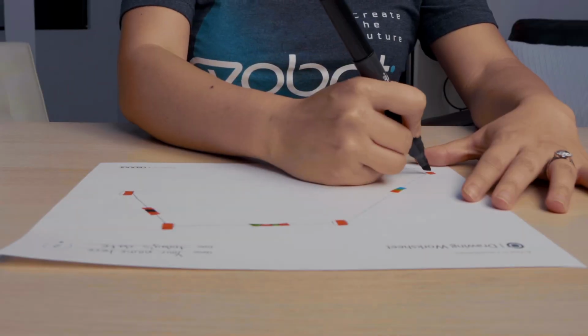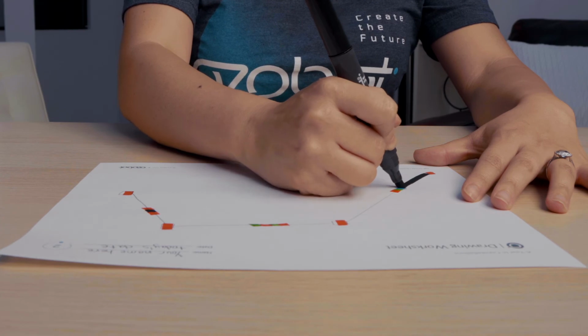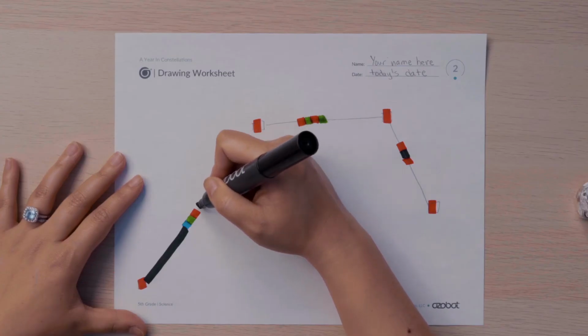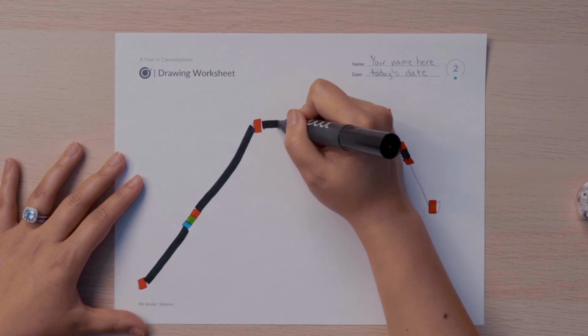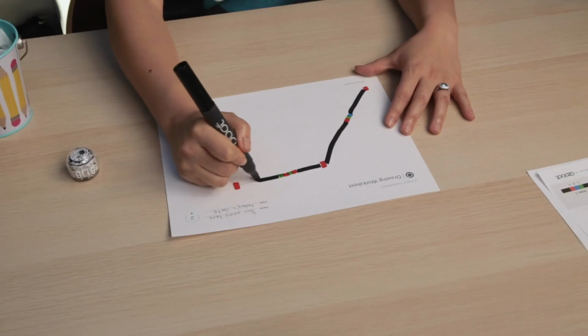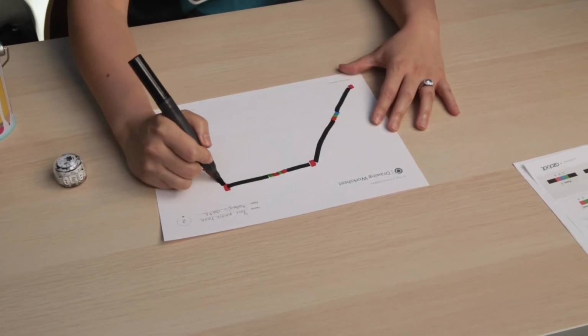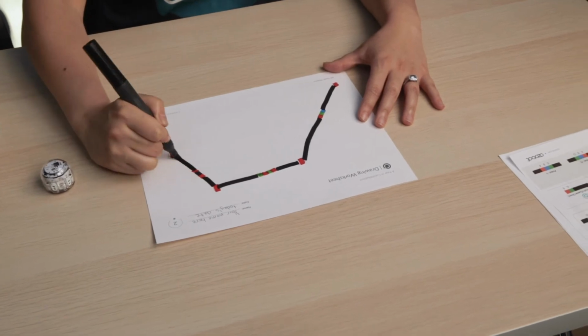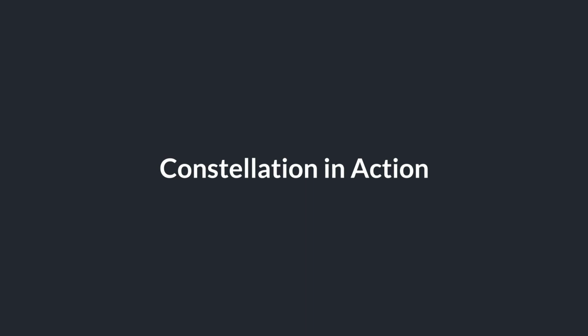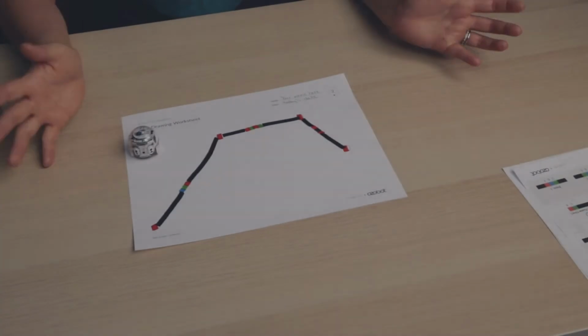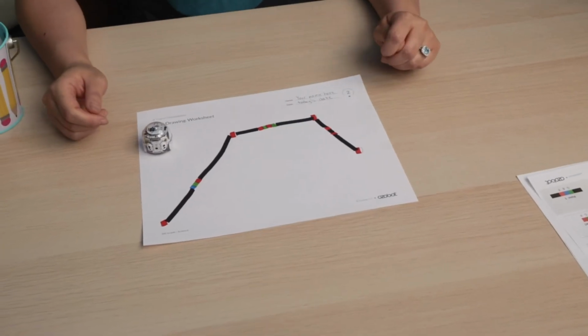Next, you will complete the shape of the constellation by tracing over the rest of your pencil lines with black marker. Finally, it's time to see your bot in action.